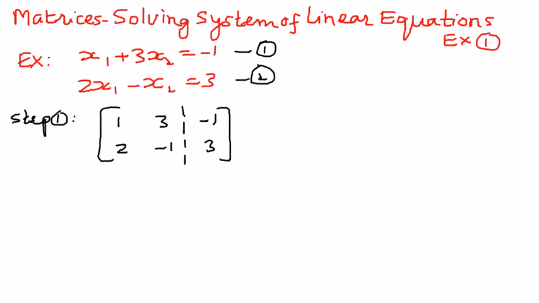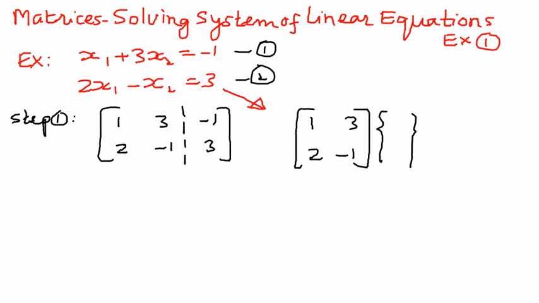So if I were to pick just the coefficients and express this given system of linear equations, I can write it in this format: 1, 3, 2, -1, and then the variable terms as a matrix x1 and x2, is equal to the constant numbers on the other side, -1 and 3.